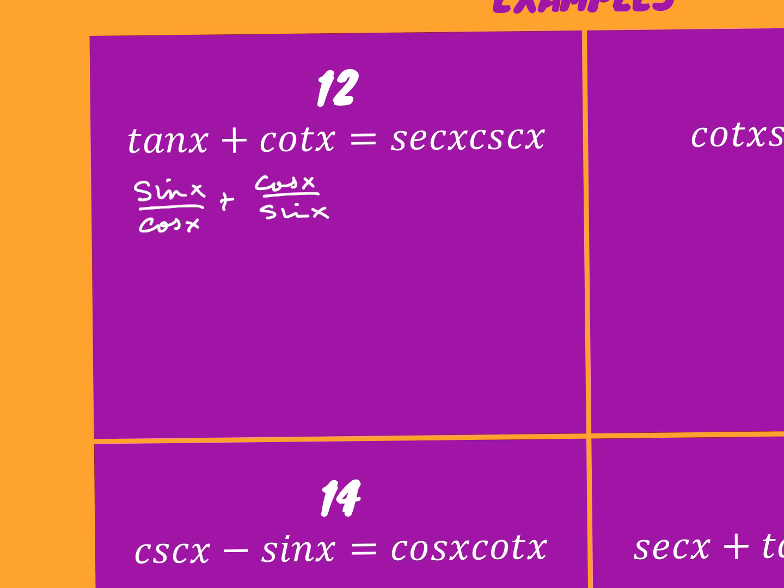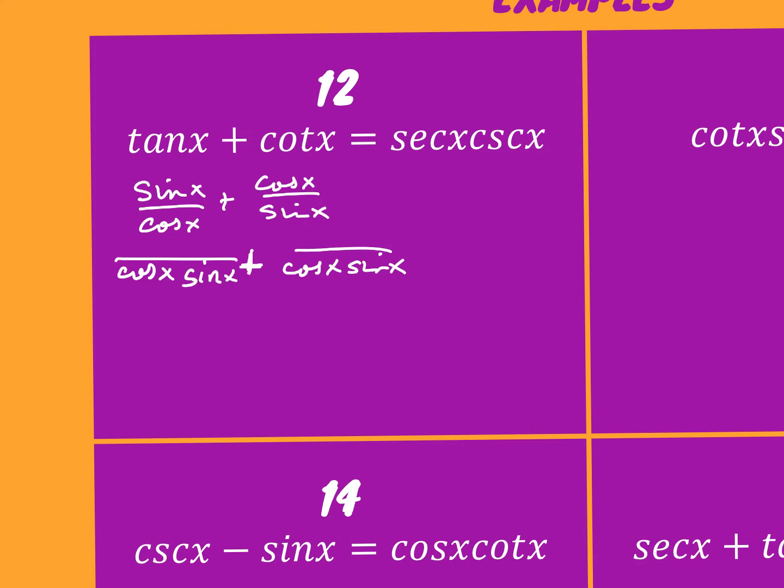Whenever I have an addition or subtraction sign, I'm going to find a common denominator. My common denominator is going to be both sine x and cosine x, so I'm going to write that in the bottom for both. Sine x, and then here cosine x, sine x. These are the bottoms of the fractions.